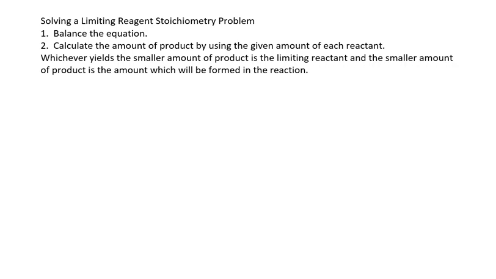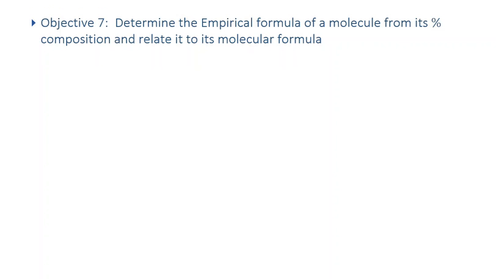And then what you're going to want to do is figure out what you're given and what you want, and calculate the amount of product using the given amounts of each reactant, and then whichever yields a smaller amount of those two reactants, that will be your limiting reactant in the equation. So that's how you solve limiting reagent stoichiometric problems.